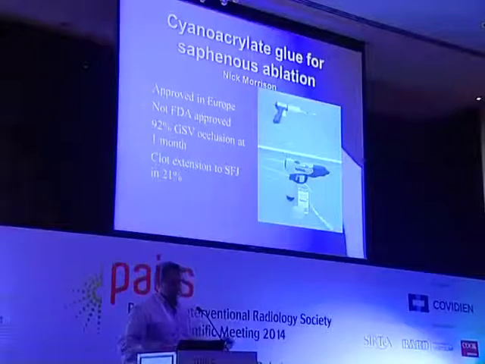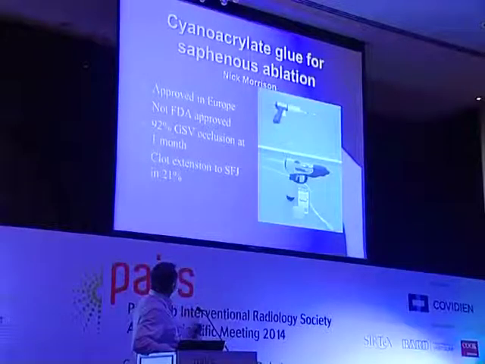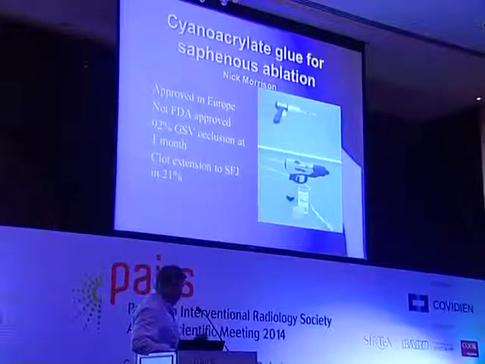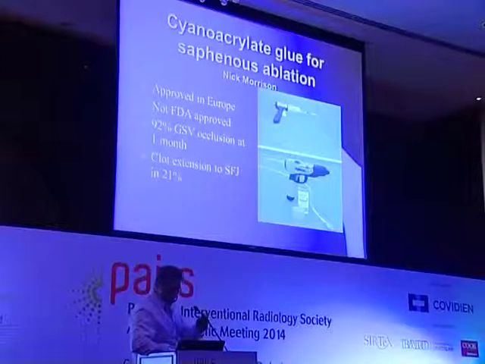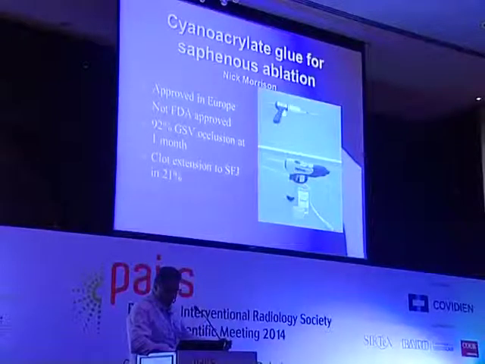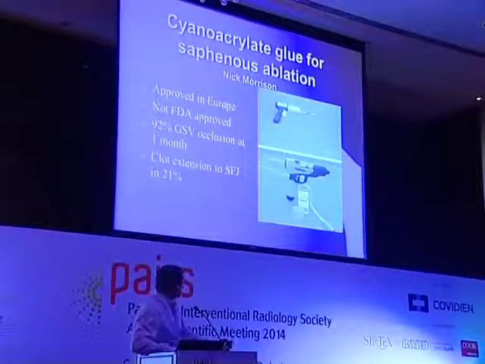I just want to throw in something that came across recently, which is the glue embolization of the saphenous vein. There's a series that was published by Dr. Nick Morrison from Arizona. Basically, it's a catheter that's inserted in the saphenous vein, and a glue under the trade name of Sapheon is being injected.